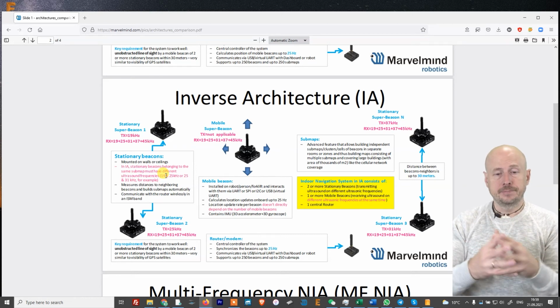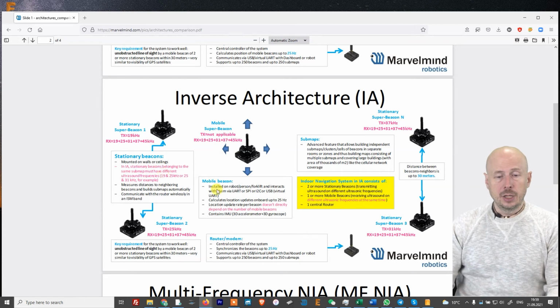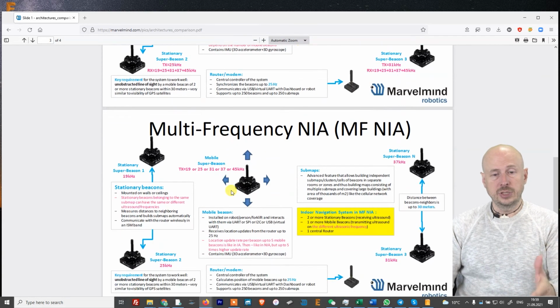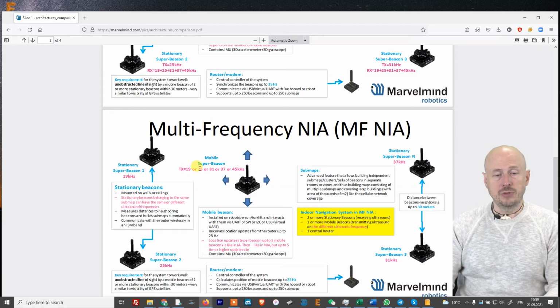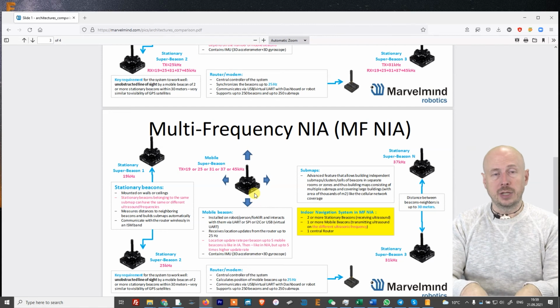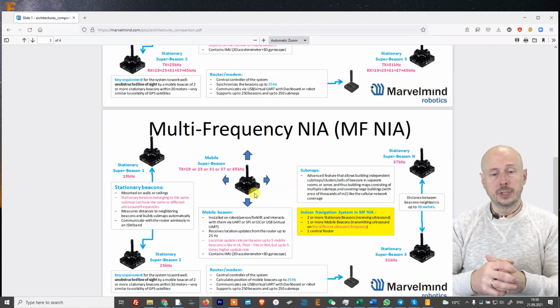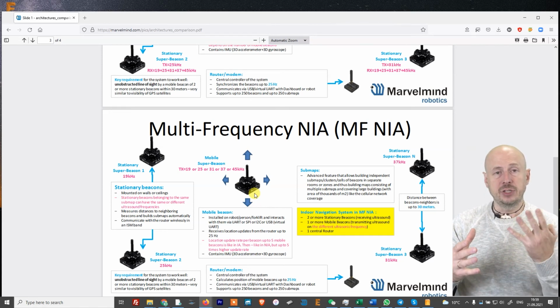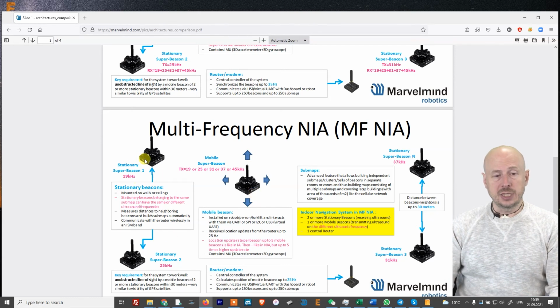It's for people tracking. But there is an alternative, kind of in the middle. What if we have mobile beacons with different ultrasonic frequencies, 19, 25, 31, 30, etc.? In this case, the mobile beacon will be emitting ultrasound, and we can put the mobile beacon on something noisy, like a drone. Since we have 5 different frequencies, our stationary beacons are able to distinguish between the different frequencies, and as a result, between different drones.